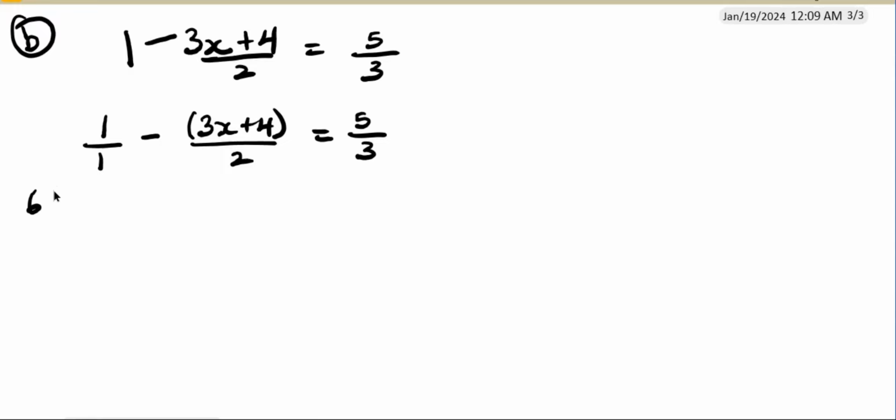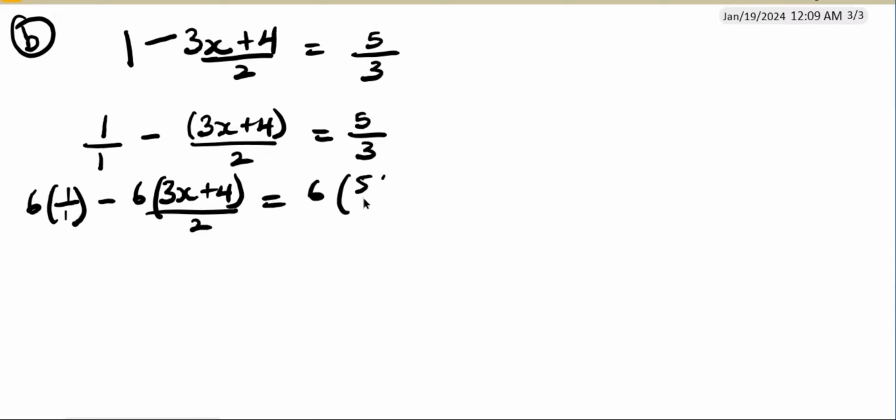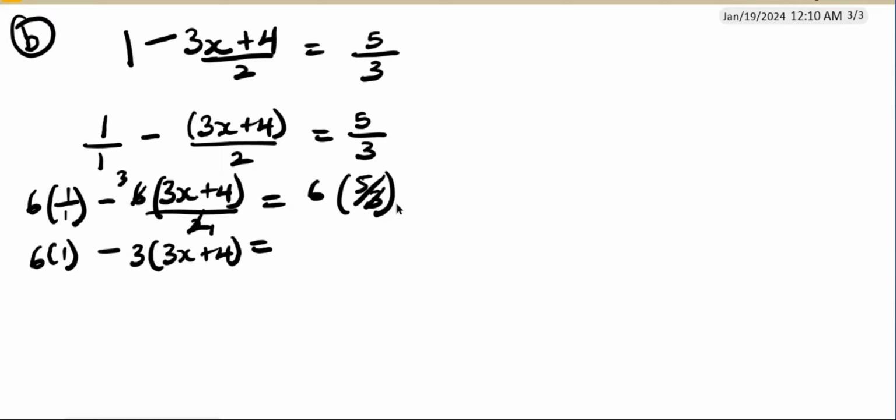I will have 6 into 1 over 1 minus 6 into 3x plus 4 over 2 equals 6 into 5 over 3. So this will give me 6 into 1, minus 2 here 1, 2 here 3. So that will give me 3 into 3x plus 4 equals, come here, 3 here 1, 3 here 2. So I have 2 into 5.